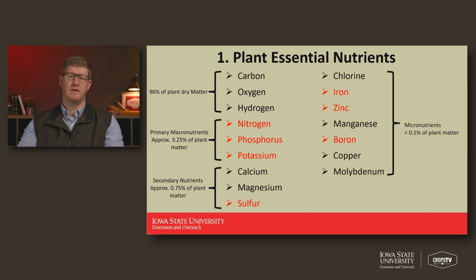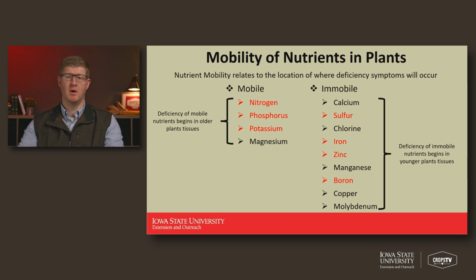Now, the other thing that we need to review about these nutrients is their mobility within the plant. And so mobility relates to whether the nutrient can move from one plant part to another over time. And this is important because it helps us identify where we should look for deficiency symptoms to occur.